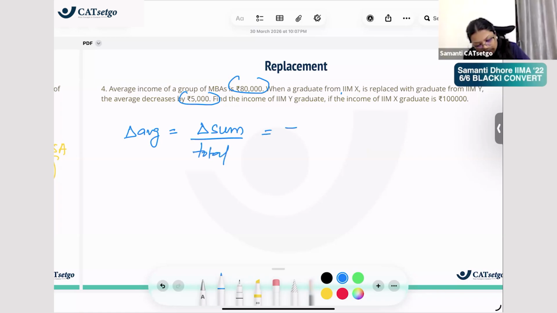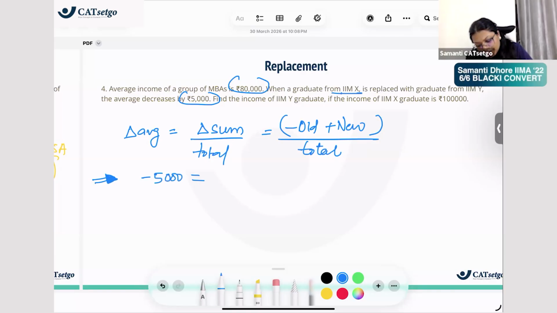If you subtract something and you add something, the moment you see replacement, divided by total, this gives you... Average has decreased by 5,000. That is because when a value X is replaced by Y, you remove X, which was 1 lakh, plus you add the new person, divided by total.